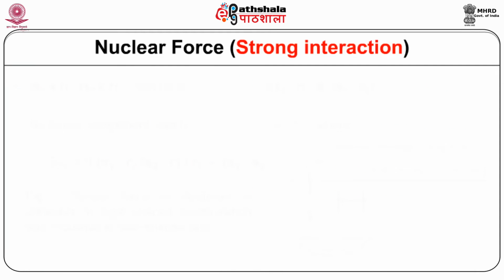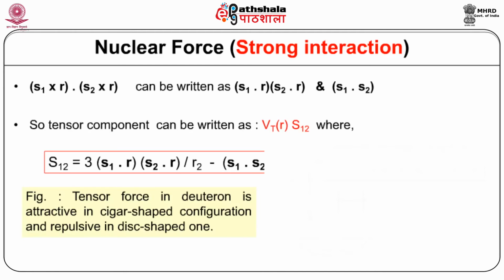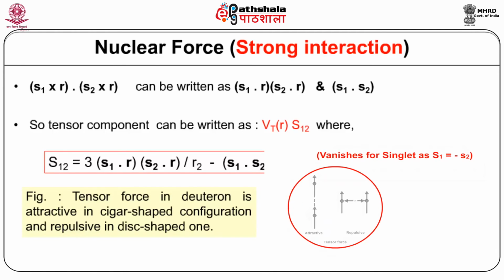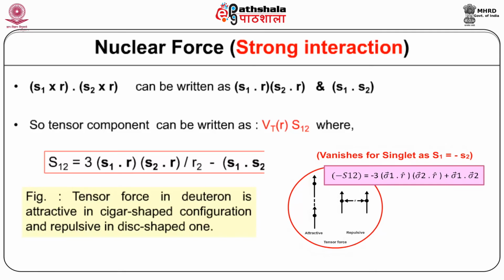We are continuing with our discussion of the components of nuclear interaction. In the previous slides, we have covered that the nuclear force has many components. The major component is the central potential or central term. The second component is the spin dependent term. The third major component is the non-central or tensor component.